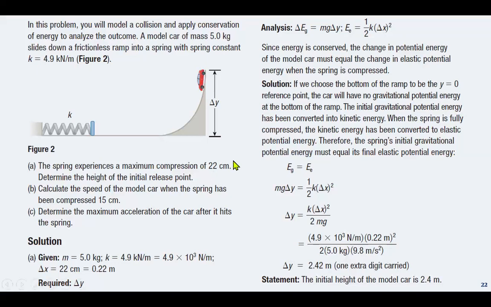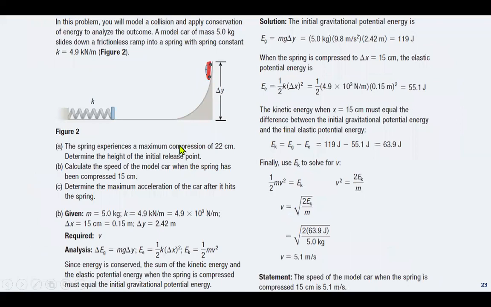Okay, next, let's consider question B. Since energy is conserved, the sum of the kinetic energy and the elastic potential energy when the spring is compressed must equal the initial gravitational potential energy of the car. The initial gravitational potential energy is given by Eg equals mg delta y, which is 119 joules.